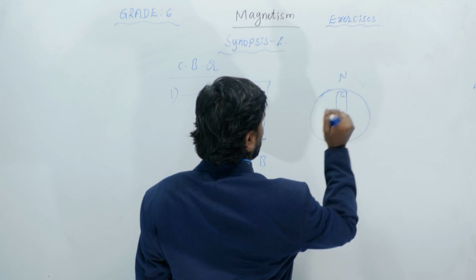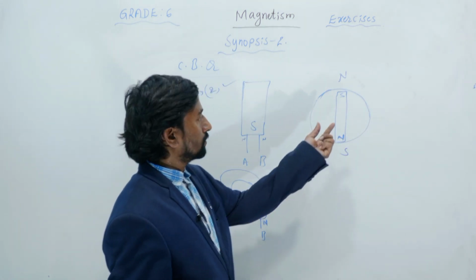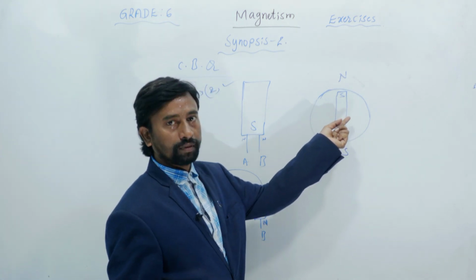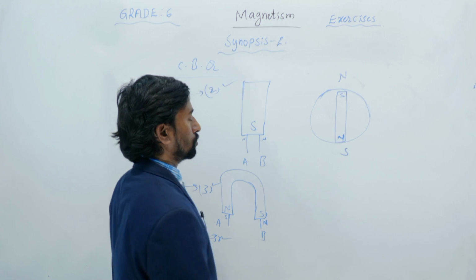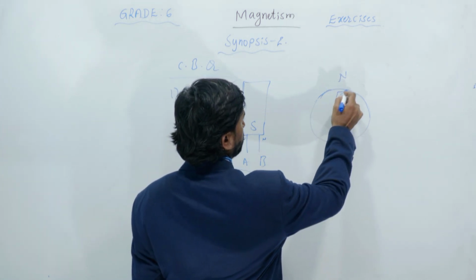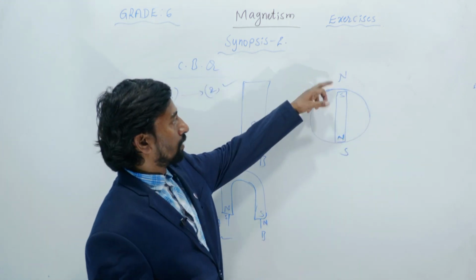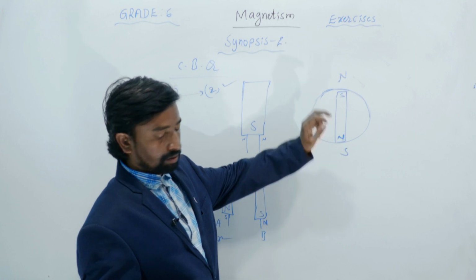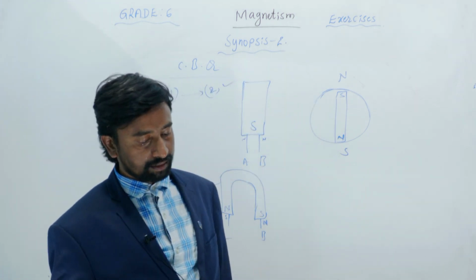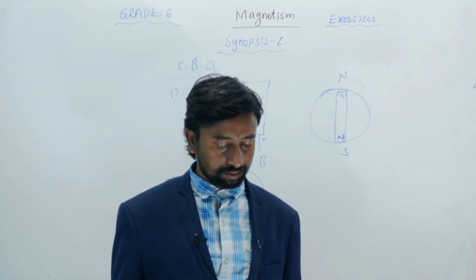That is also the reason why, if you suspend a bar magnet by tying a thread and it is suspended on the surface of the Earth, the north pole will point toward the North Pole direction, because inside of the Earth there is a south pole. So geographic north is near the Earth's south pole. Okay, the south pole is situated near geographic north.